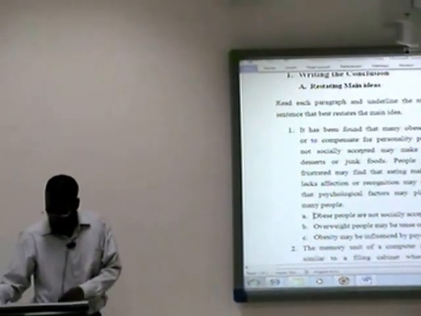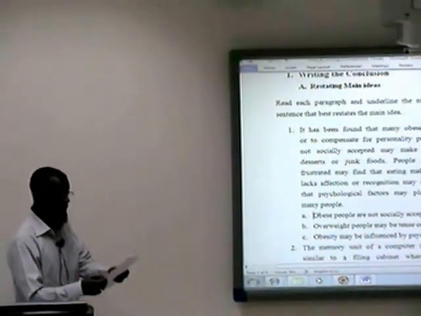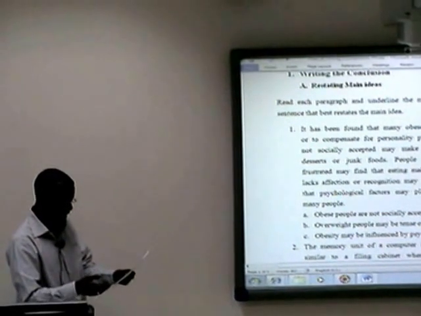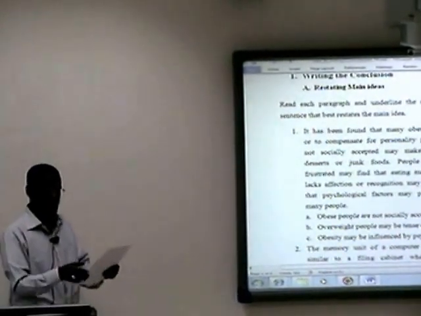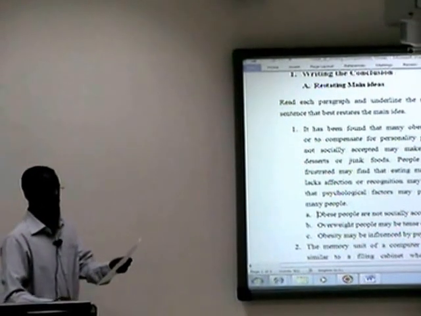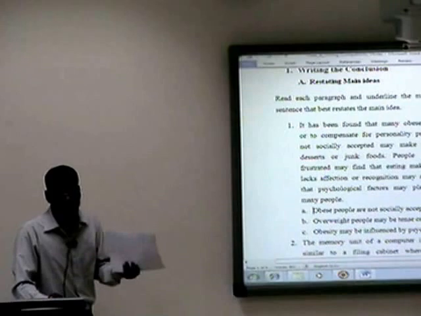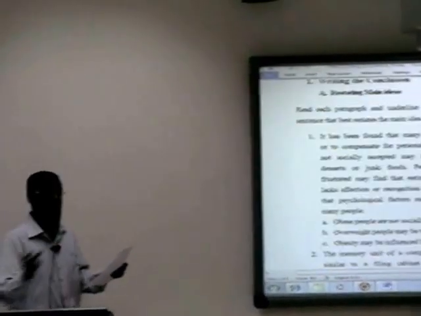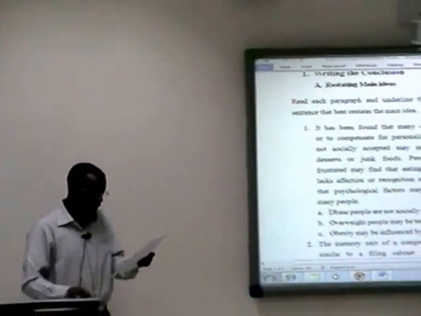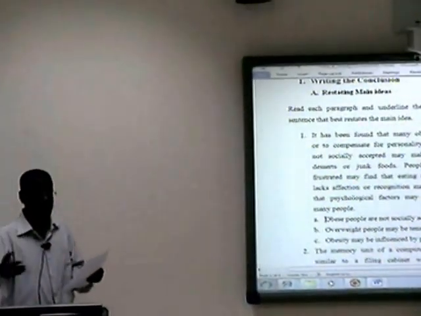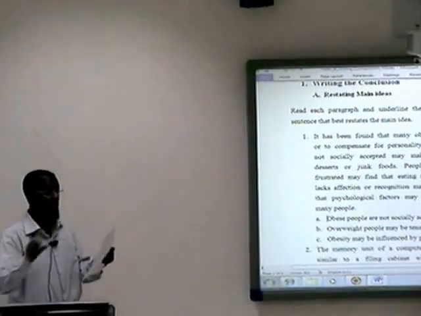C. Let's read C. C says, obesity may be influenced by psychological factors. What about the others? Are they wrong? A. Obese people are not socially accepted. It's just an example. The detail should go in the body. B. Overweight people may be tense or frustrated. Again, it's just a detail, an example. It's not the main idea.